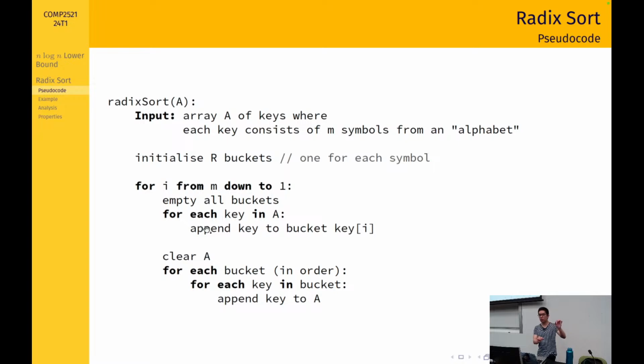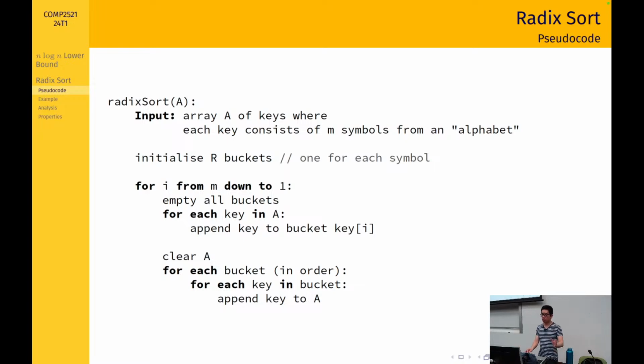After we've stored all the keys into their corresponding buckets, we're going to clear the array. A is our original array, so we clear that. And now for each bucket in order, so if we have an alphabetic key, then we would start from the blank character, then go to A, then B, then C bucket, and so on. For each bucket in order, for each key in the bucket in order, we append the key to the array.